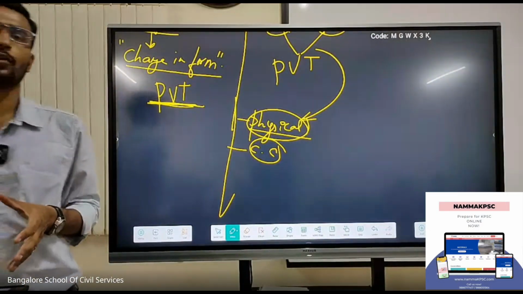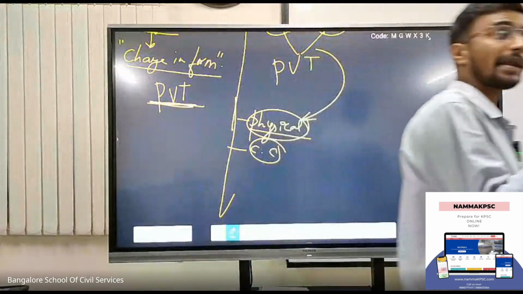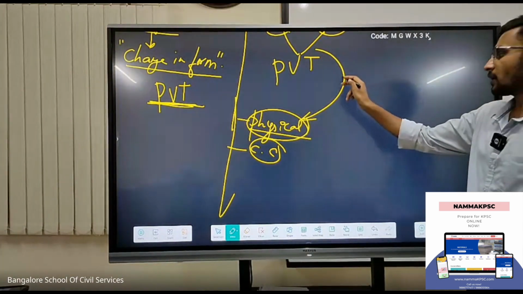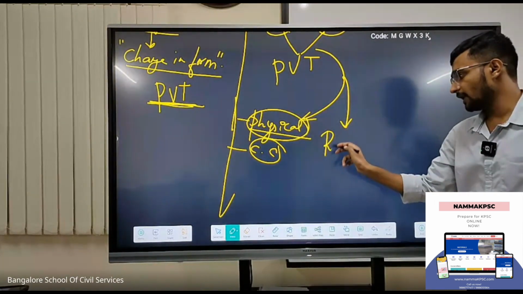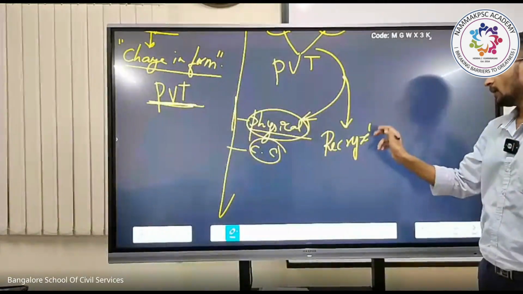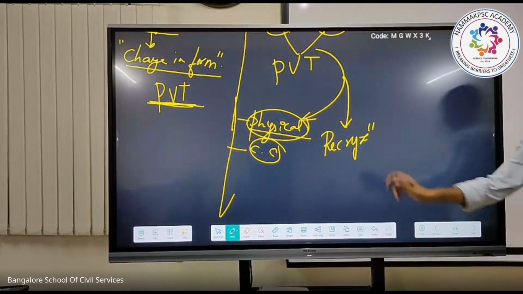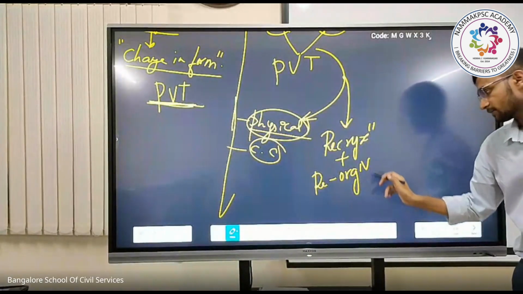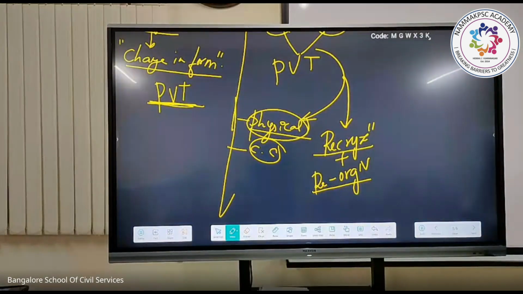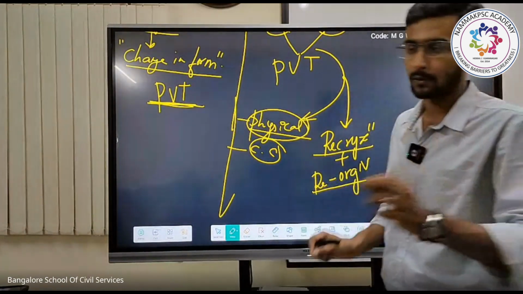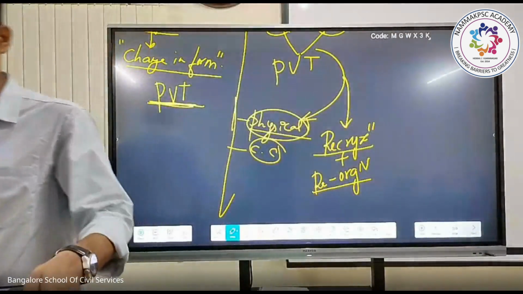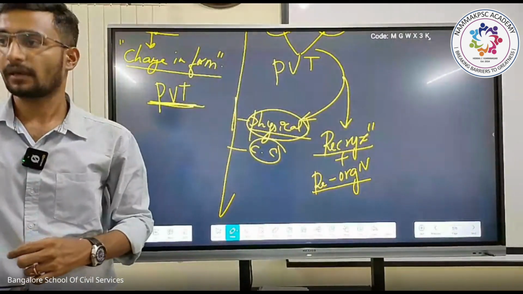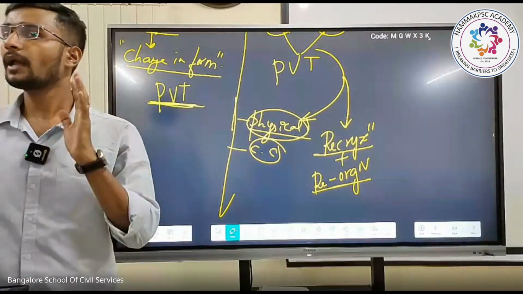And this process we call recrystallization and reorganization of our physical properties and our chemical composition. Okay now? Then highly important one.